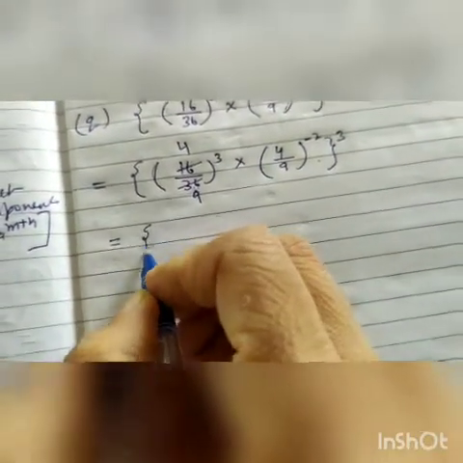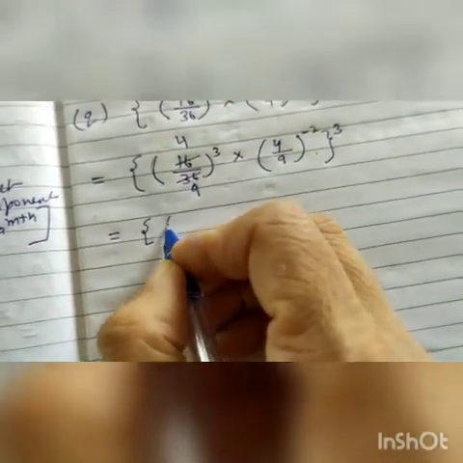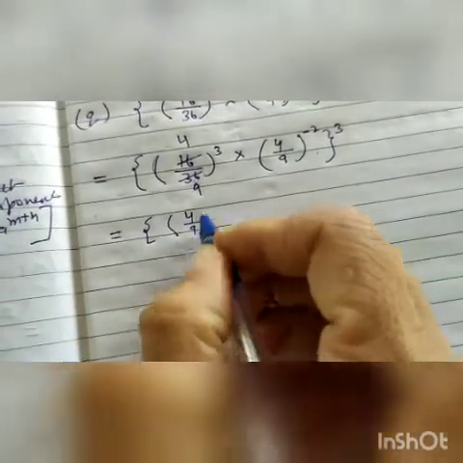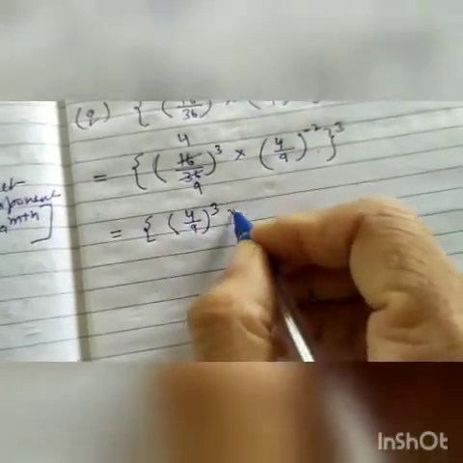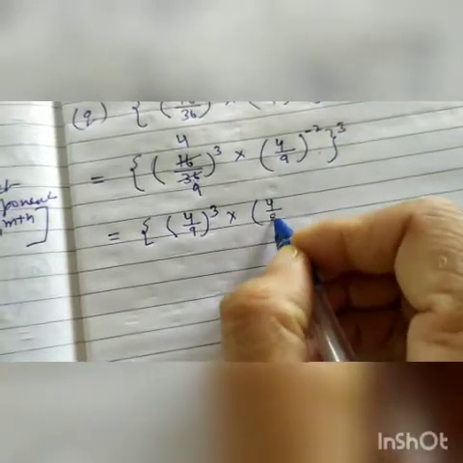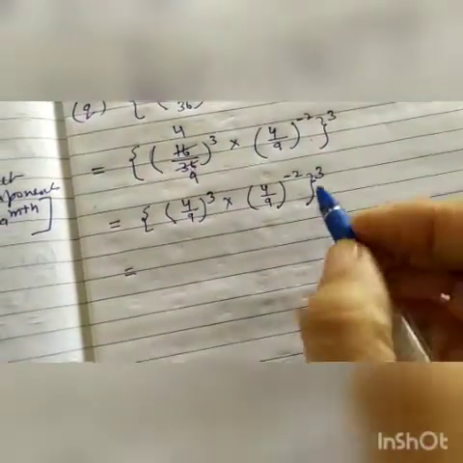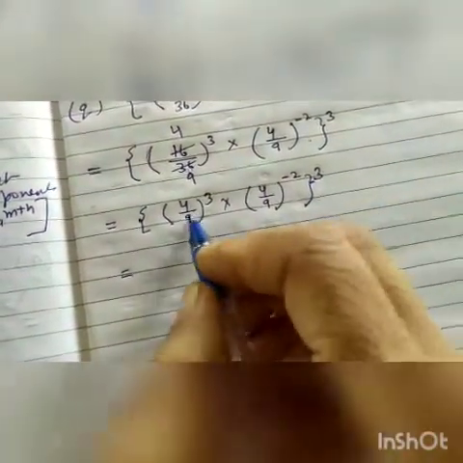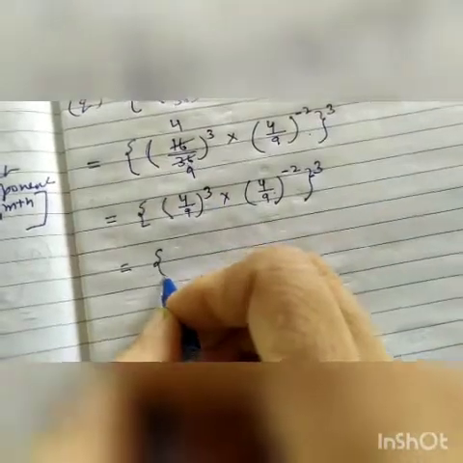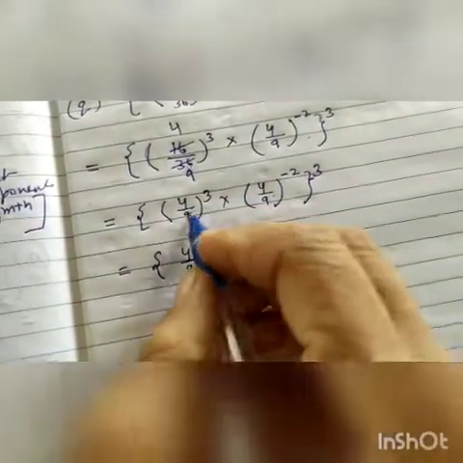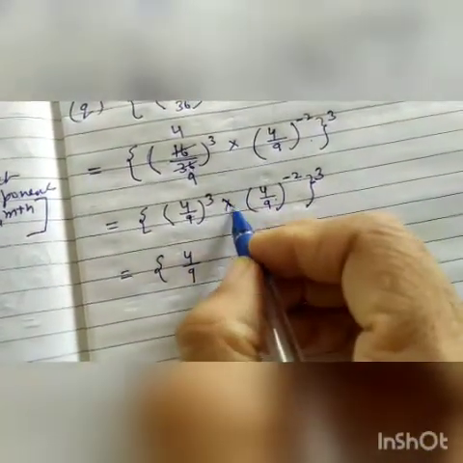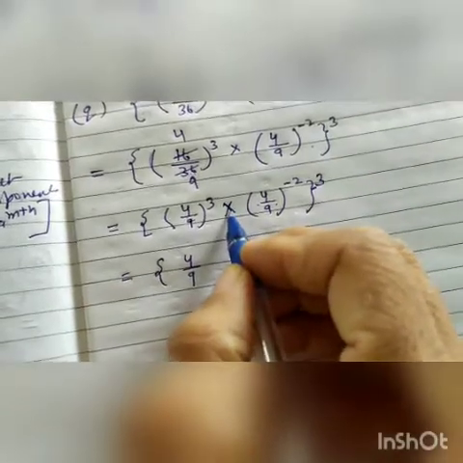Now it will be written as (4/9)^3 into (4/9)^-2, whole cube. Now students, first we will solve this bracket. Both the bases are same and between these two numbers there is a multiplication sign.